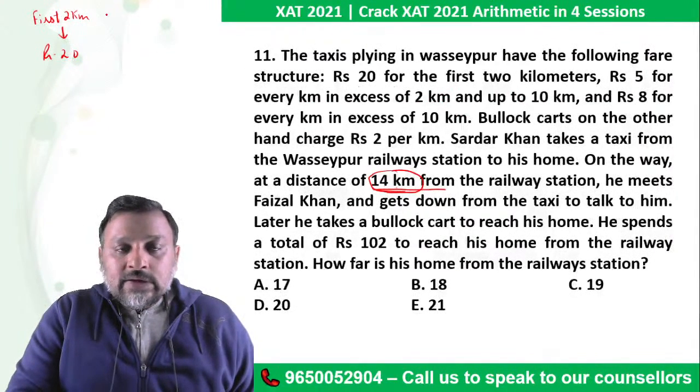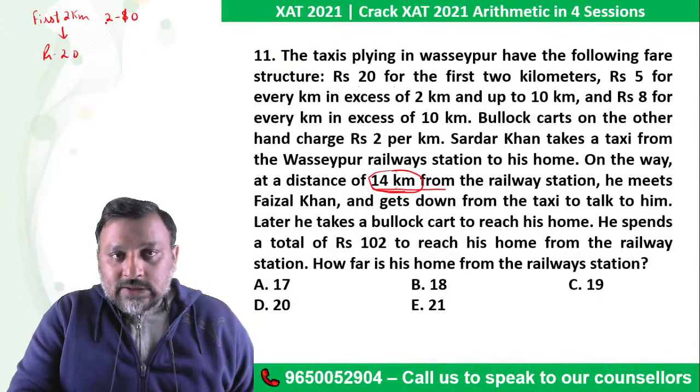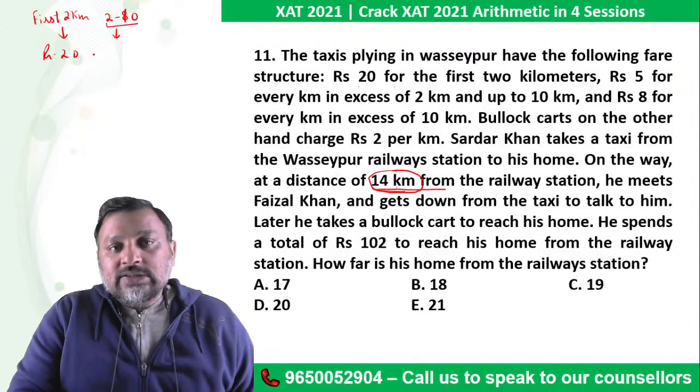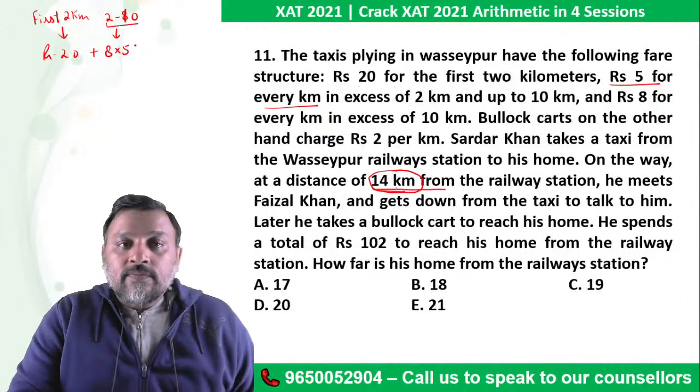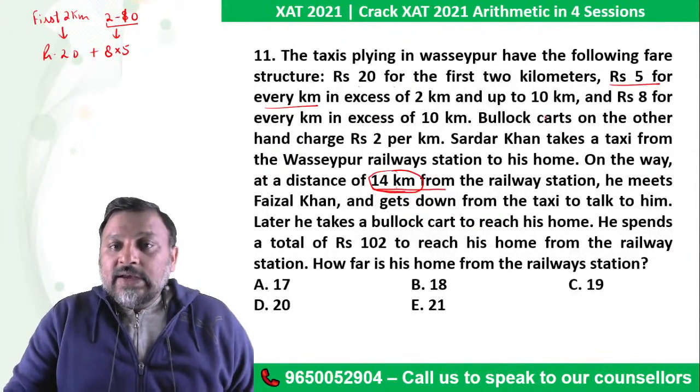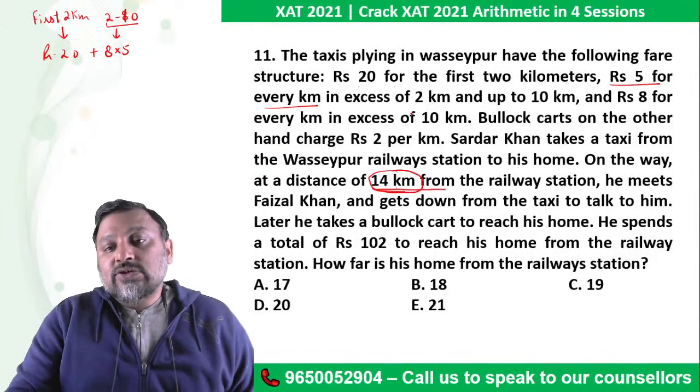Rupees 5 for every kilometer in excess of 2 kilometers and up to 10. So from 2 to 10, these 8 kilometers, the charges would be 8 into rupees 5. Then rupees 8 for every kilometer in excess of 10.